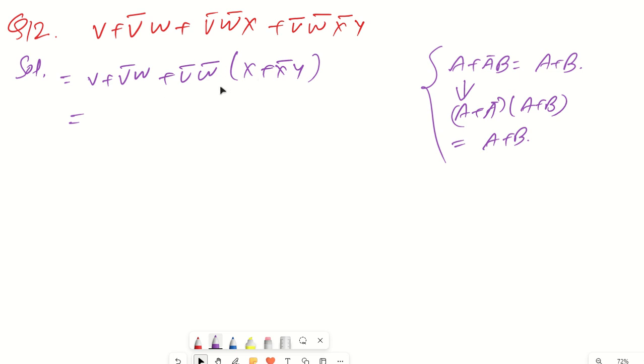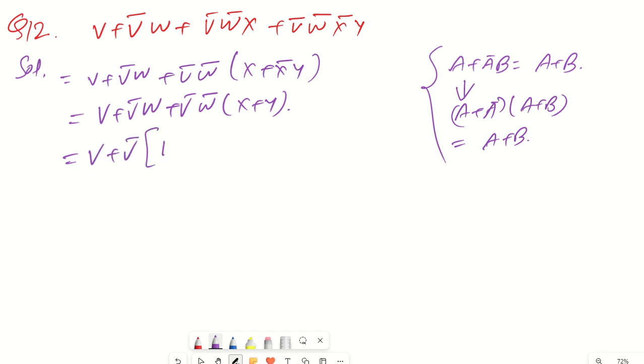So this particular term will be minimized to v plus v bar w plus v bar w bar into x plus y. Got it? Now can I take v bar common from this whole term? So I can get it v plus v bar into w plus w bar into x plus y.